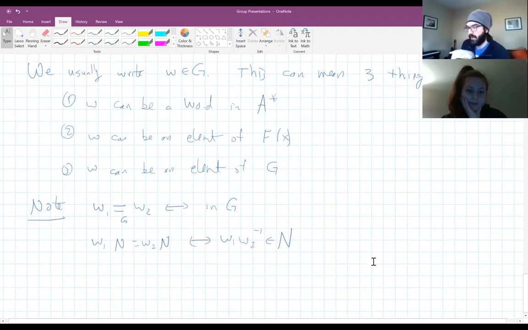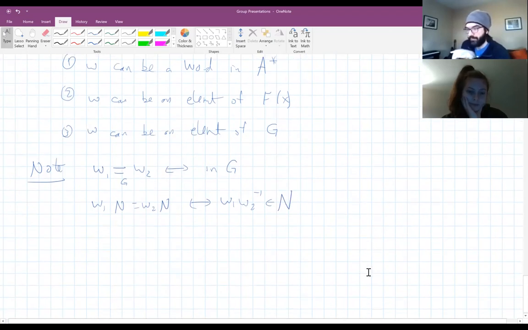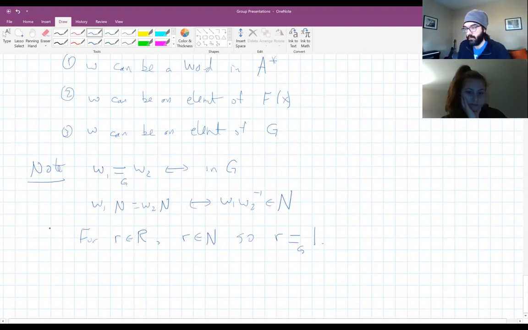And lastly, for r in R, r is going to be in N because N is that normal closure. So r in G is going to be equal to 1. This one right here is the important one.